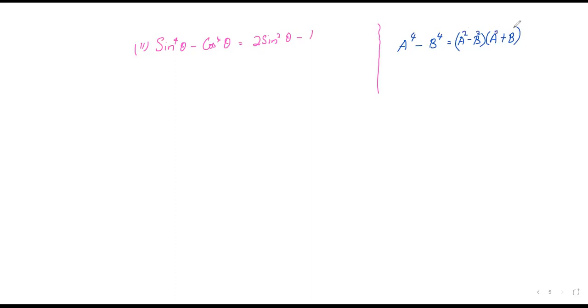So that's what I have here: sine squared theta minus cos squared theta, into sine squared theta plus cos squared theta.